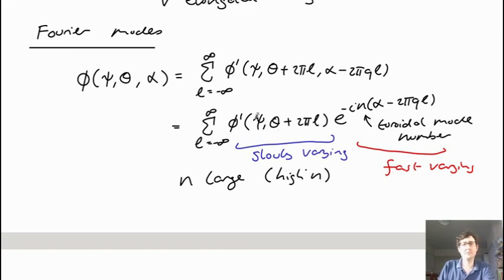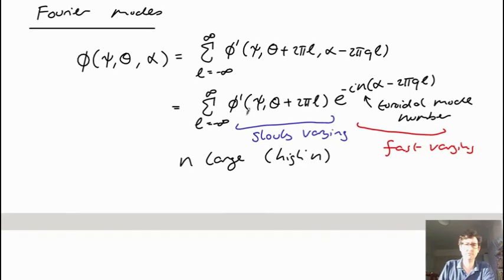It must also be slowly varying along psi, so we have a function with a slowly varying envelope, but then a fast variation part, which is this part in here, and this partly comes from the q shear. It gives us the localization of the mode.